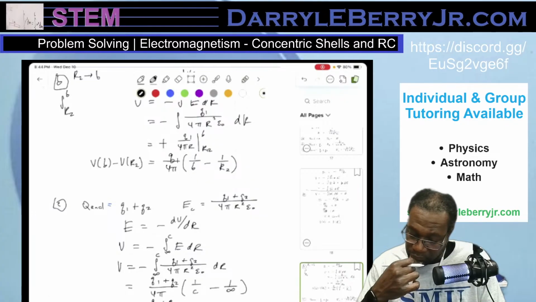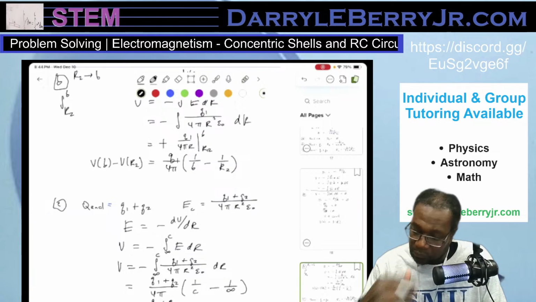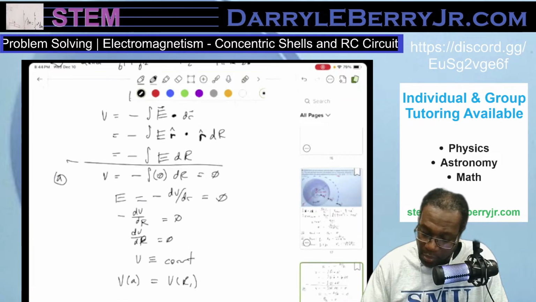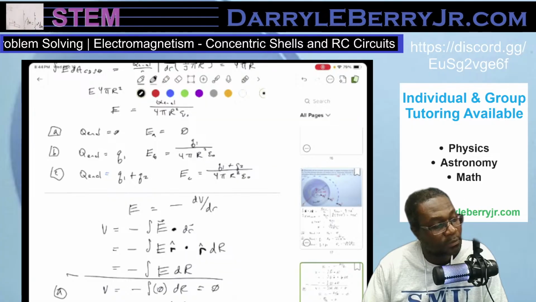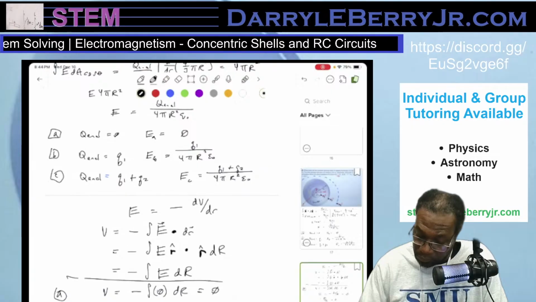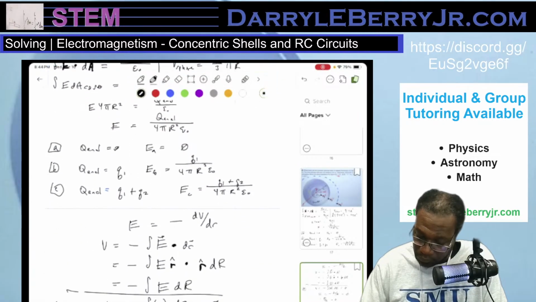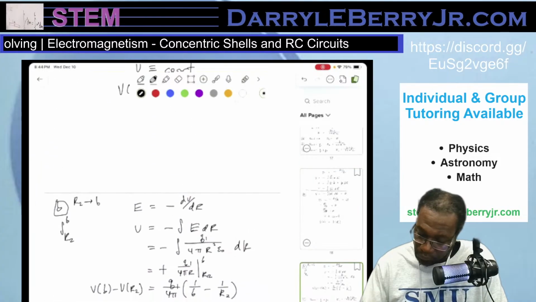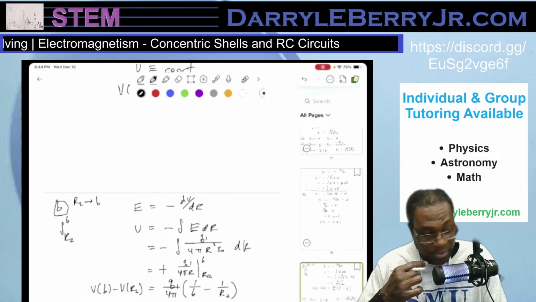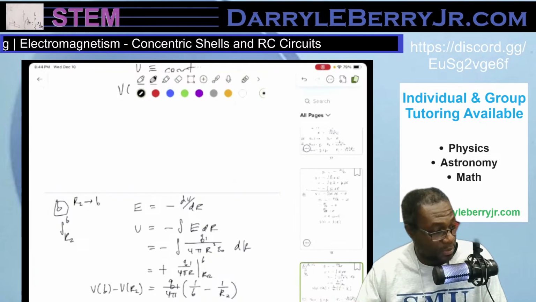For the second one, if R2 was at A, B minus A. It's similar to what I had before, except the quantum was so different, a lot of stuff canceled out.